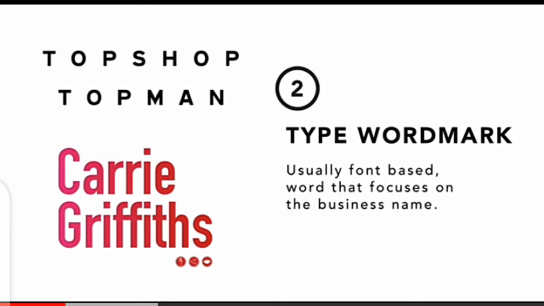A wordmark logo is a logo that is mainly made up of words or letters, or write-ups. As you can see, I have an example of this here, which is a good example of a wordmark logo. It's only made up of typography and letters.